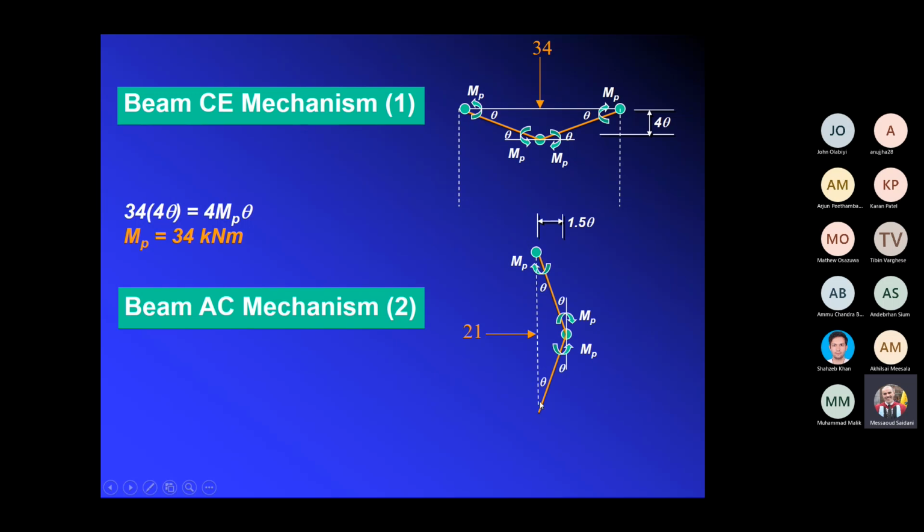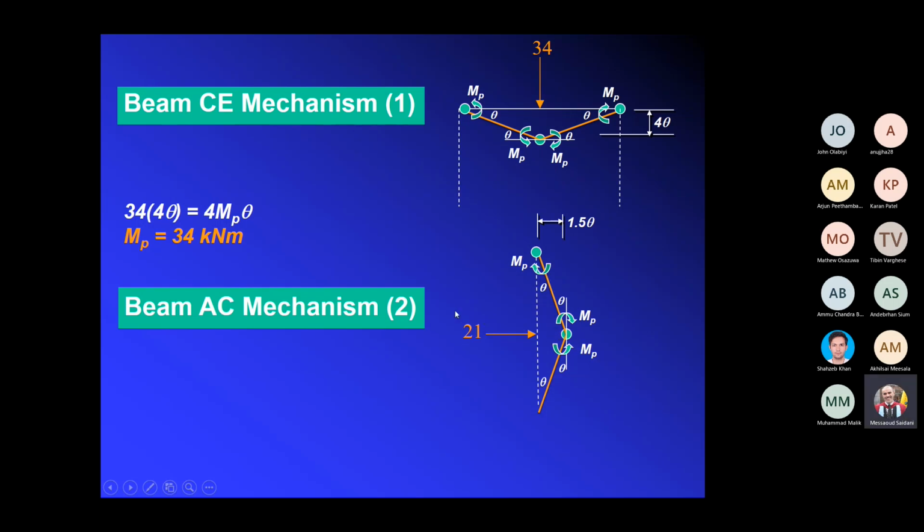Remember that the column at the base here is pinned, so there is no hinge at A. We have a hinge forming in the middle here, and a hinge forming in the corner at C. If the angle at A is theta, then the angle at C will be theta by symmetry, and these are the moments at the location of the hinges with the correct directions shown.